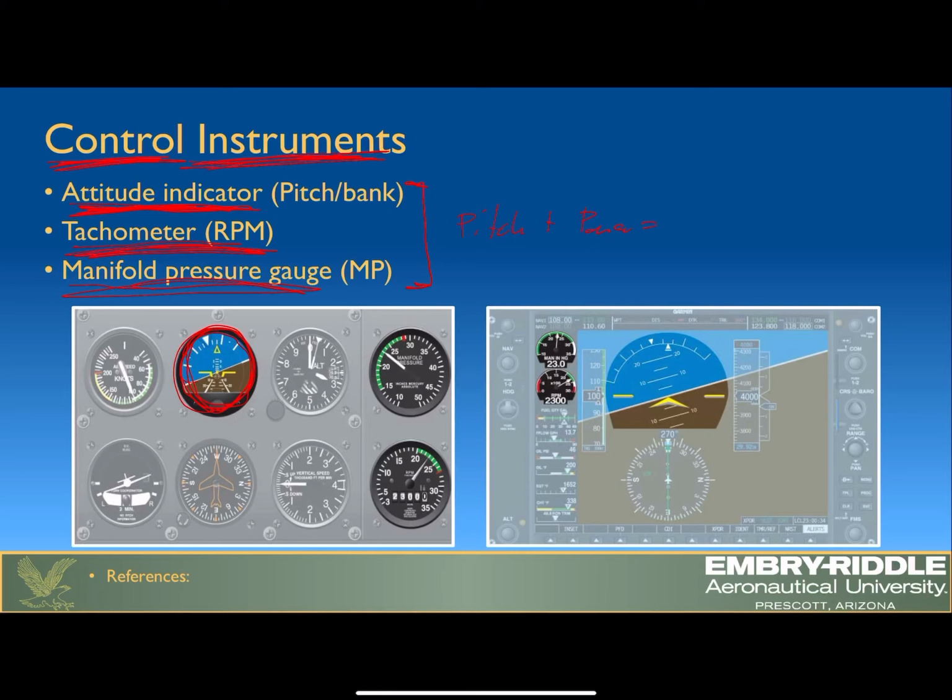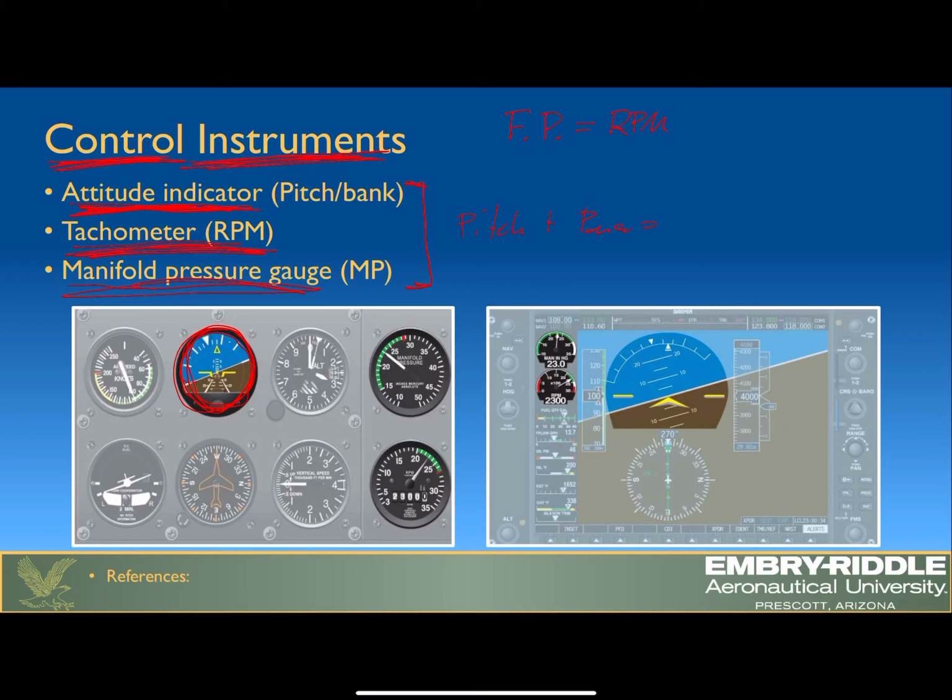And now there's three of them because it just depends on what kind of propeller you have. If you remember, if you have a fixed pitch propeller, FP, you only have RPM.